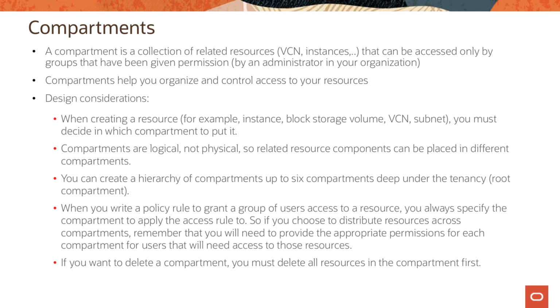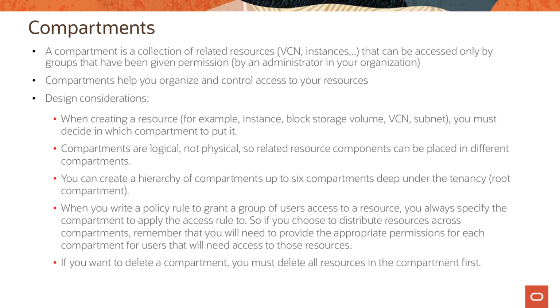We are going to look at an example hierarchy in a little bit, but for right now it's enough to understand that you should think about organizing your compartments and compartment hierarchies. The compartments can be nested up to 6 deep. We'll look at that shortly.